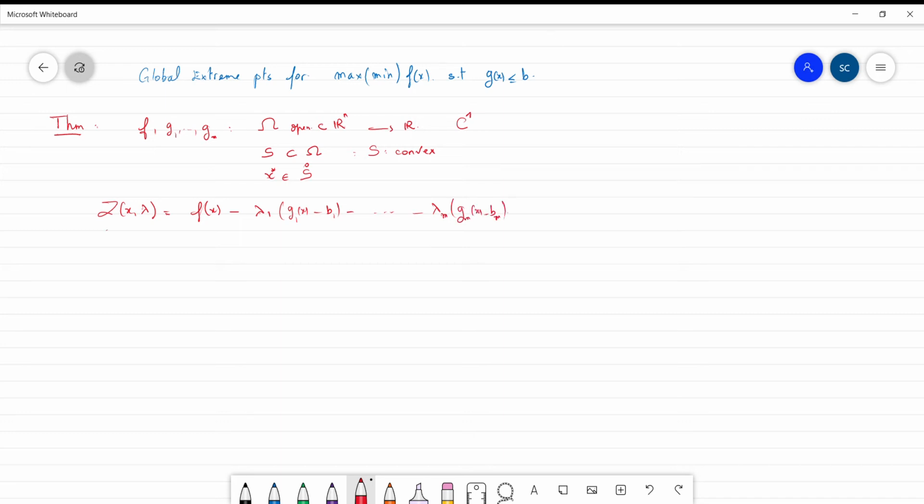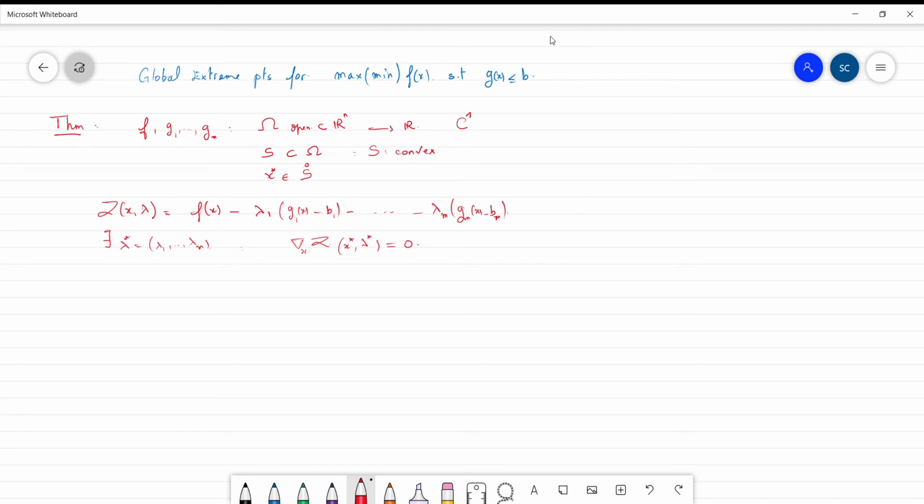We assume that there exists a lambda star, a vector lambda in R^m, such that the gradient in the space of x of the Lagrangian at the critical point x star, candidate point, and lambda star is 0.